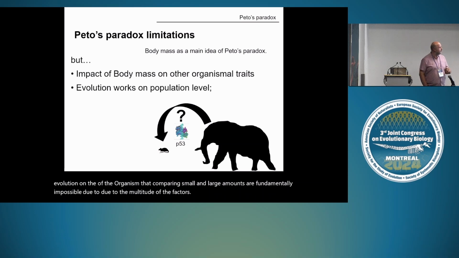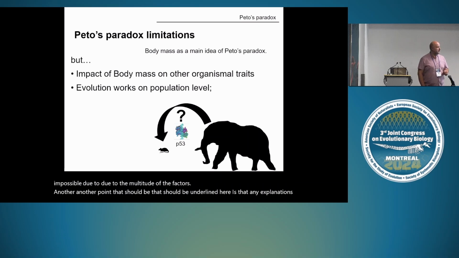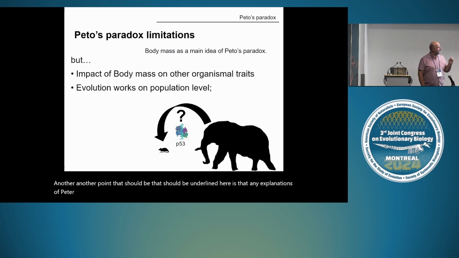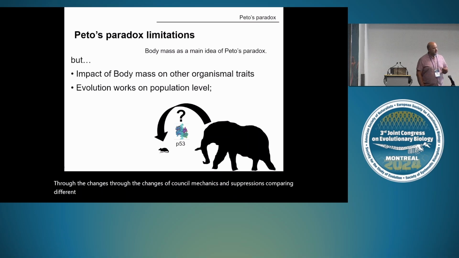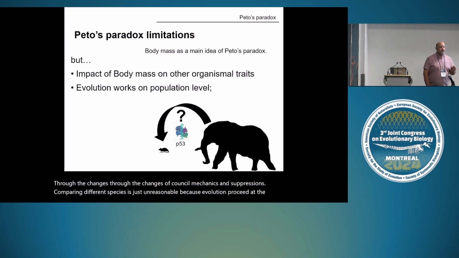Another point that should be underlined here is that any explanation of the Peto paradox through changes of cancer suppression mechanisms, comparing different species, is just unreasonable, because evolution proceeds at the population level, so within species.